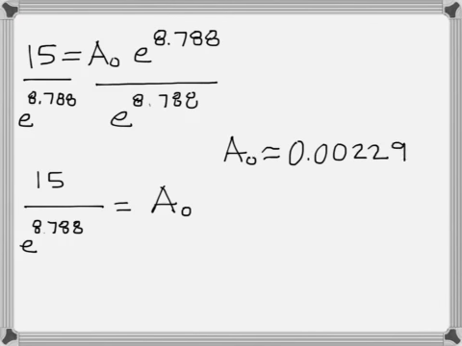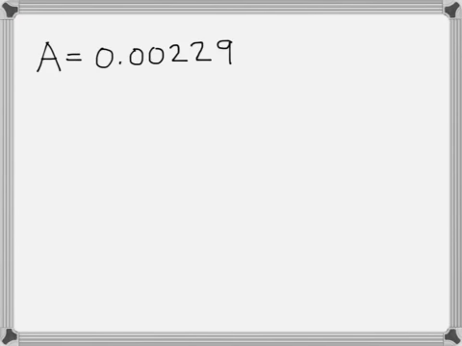And so A0 is approximately 0.00229. That's how much bacteria you would have initially there. So now you know what A0 and k are. Take that and plug them both back into your model, and so now your model is good to go.